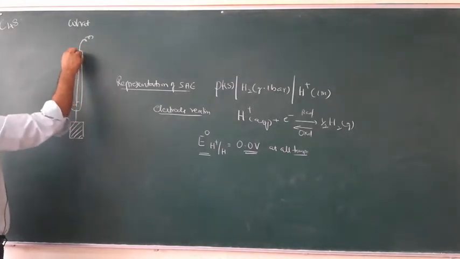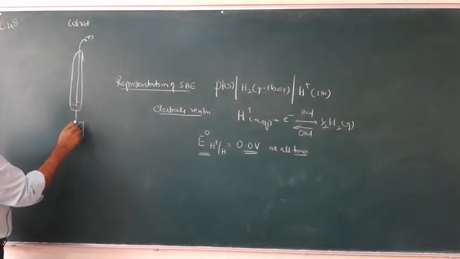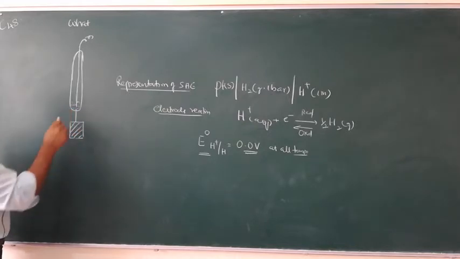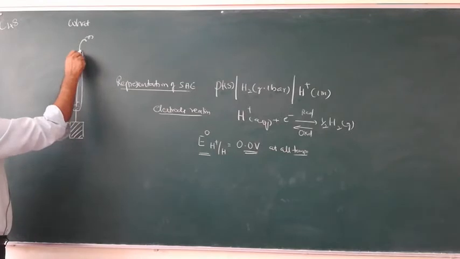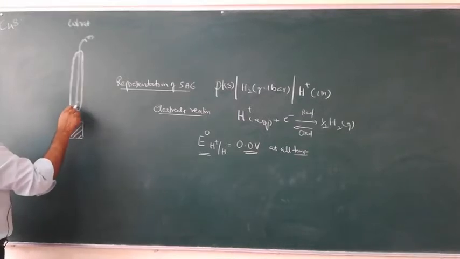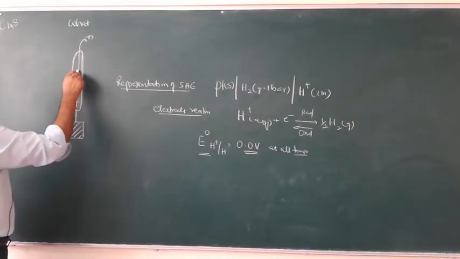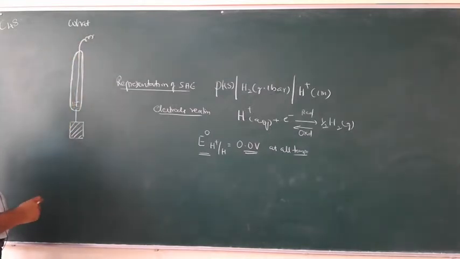This is platinum foil coated with platinum black. It is fused to a platinum wire. The wire is introduced into a narrow glass tube in which liquid mercury is placed. A copper wire is introduced into this liquid mercury and it is used for external connections.